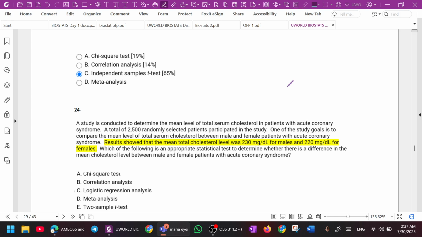It is t-test, isn't it? Why? Here there is a number, the difference in the mean cholesterol level, male and female.